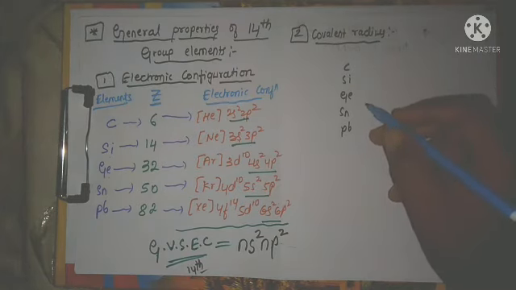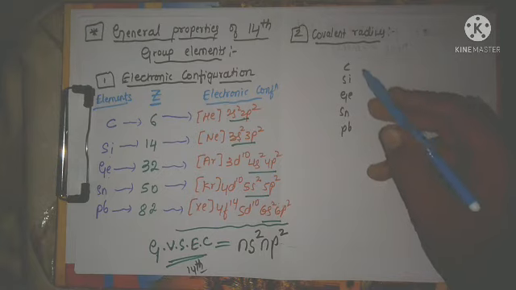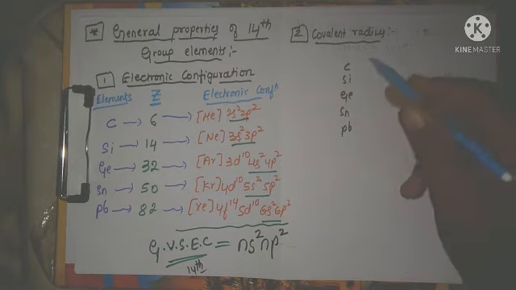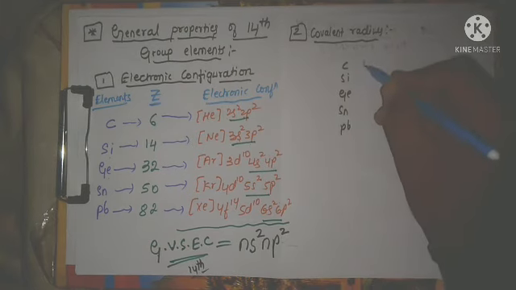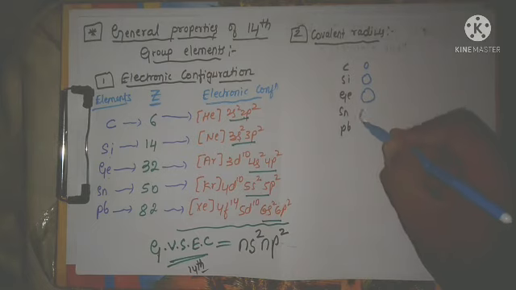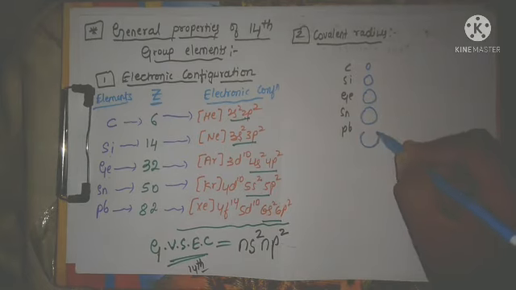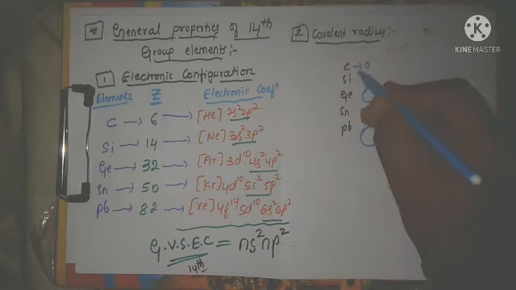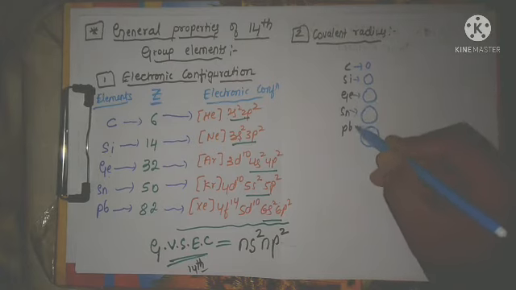Already we know from the classification of elements that from top to bottom the size, or the covalent radius, goes on increasing. Here it is a smaller size, next a little bit larger size, again larger. Here it is carbon, silicon, germanium, tin, lead.